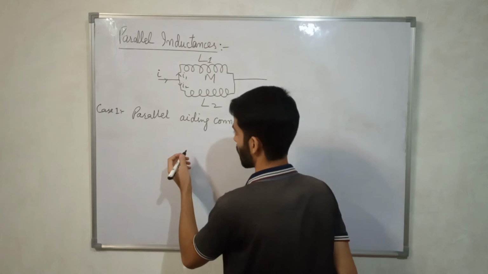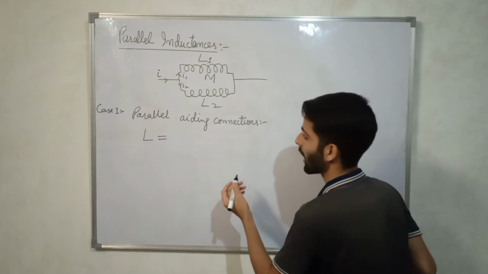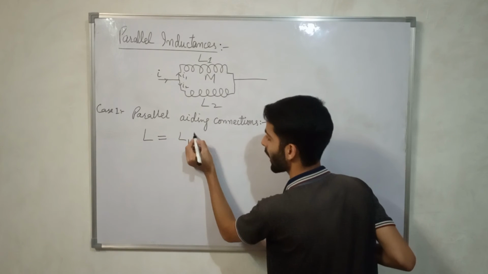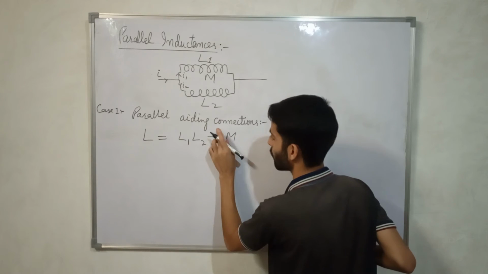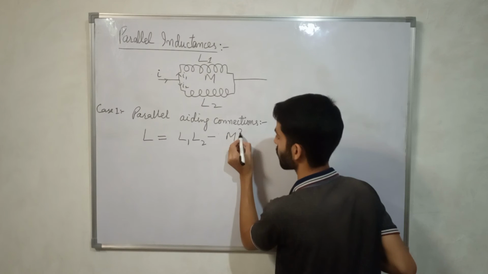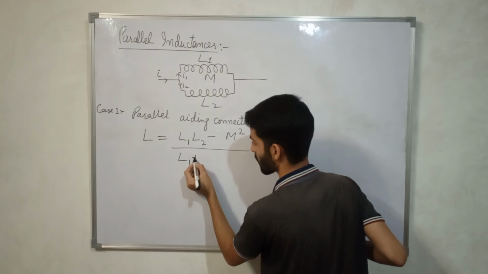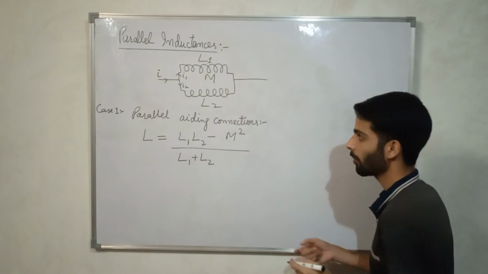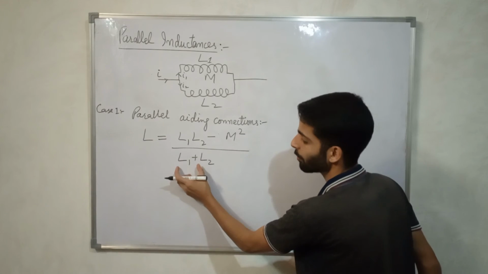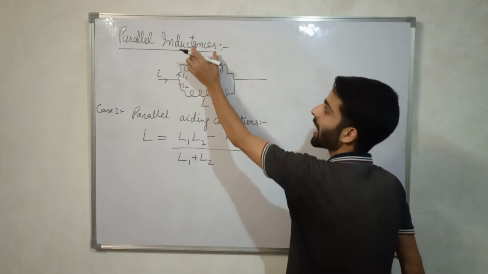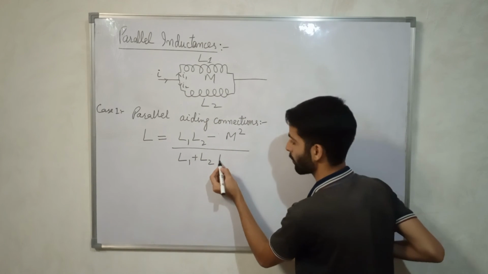Okay, so what do we infer from here? The total inductance L will be equal to (L1 L2 minus m square) upon (L1 plus L2 minus 2m). In parallel aiding connections, m will be plus, because m is aiding L1 and L2, so in the denominator it is plus 2m.